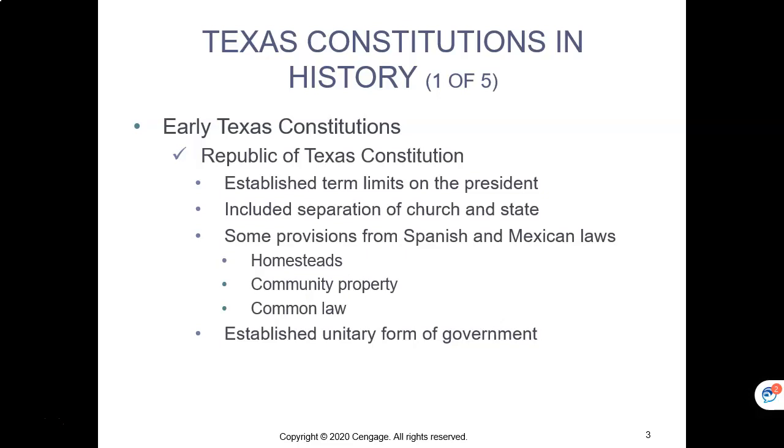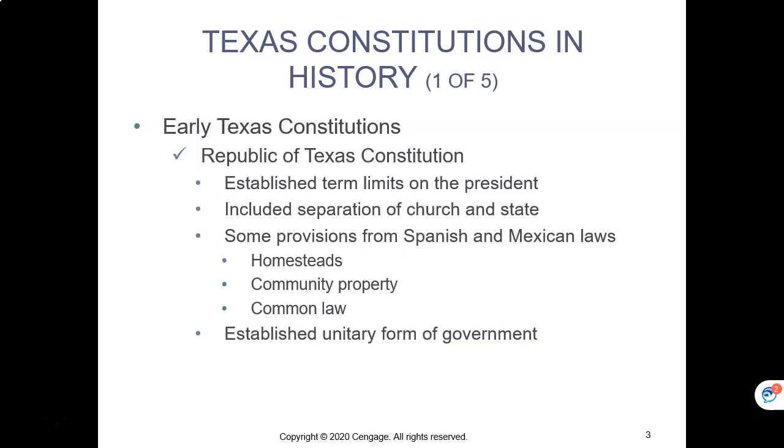So this really came from England, and not all countries are common law, but certainly in the United States and in the Republic of Texas, if a court made a decision, then we treat that like it is law. If there are customs that get established, then we treat those like they are law.